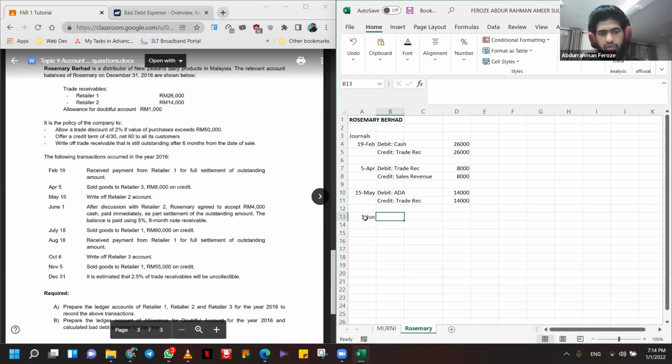So first of all, we had initially written off their trade account. So now we have to undo that. So basically what we have to do here is you debit trade receivable and you credit ADA. That's the first step.